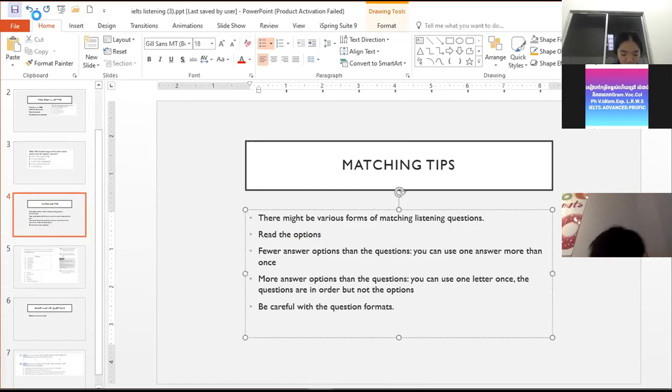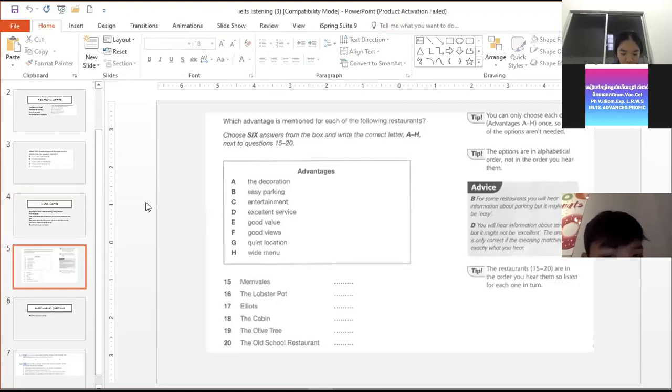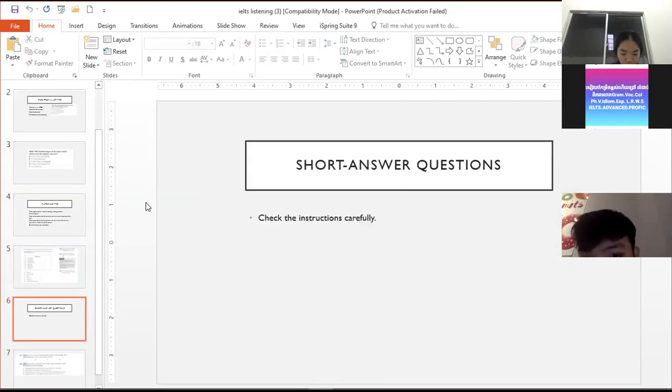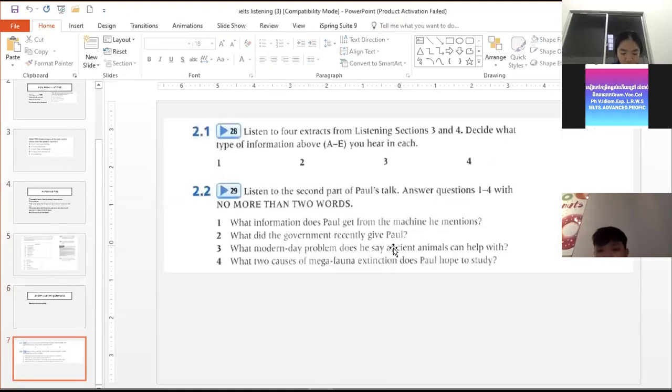So that's matching information. One last format before we go on to our practice in our book is called short answer questions. So here's what they look like. You will be given a set of questions and you will need to listen and write down the answers. Normally in these short answer questions, the answers are all on the line.